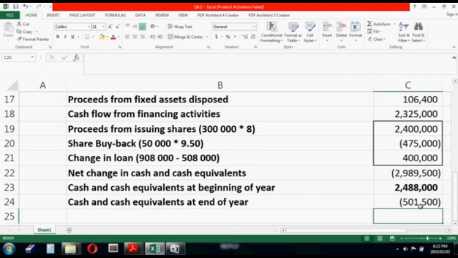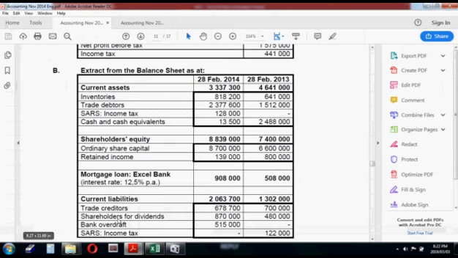We can go and verify this 501,500, basically the overdraft that we have. Let's just go to the extract from the balance sheet. As we can see, we have a bank overdraft of 515,000, and then we have cash and cash equivalents of 13,500.